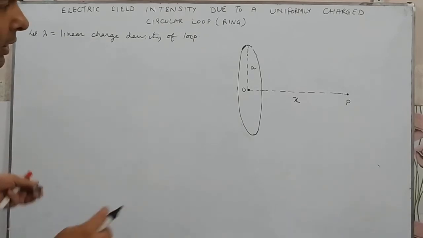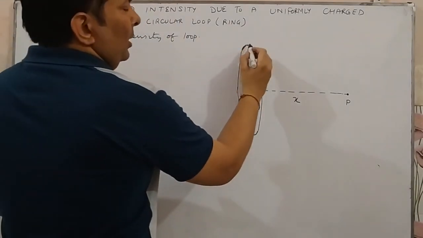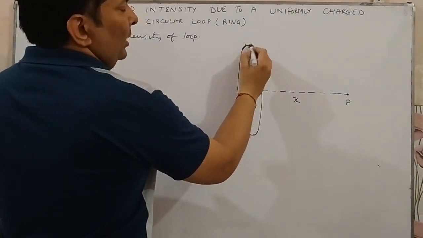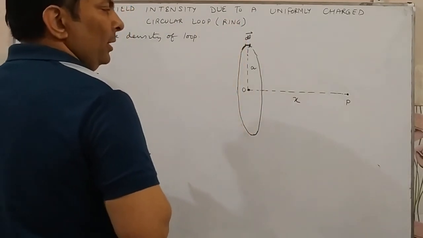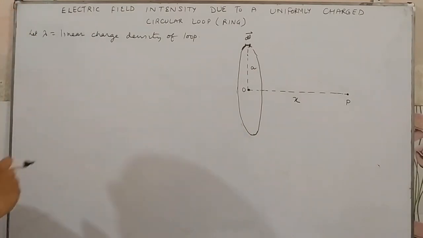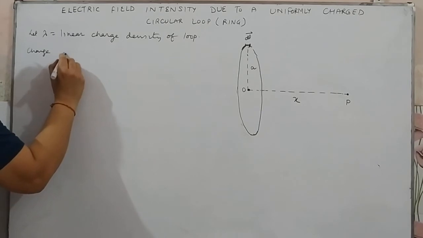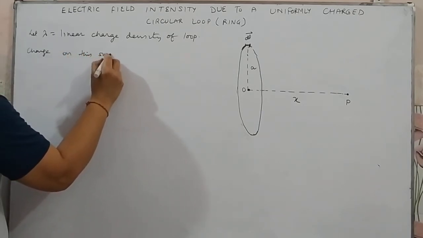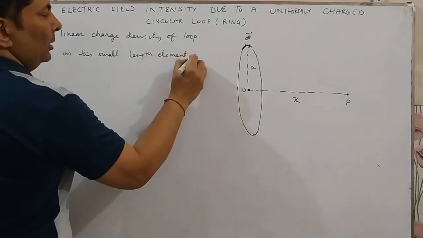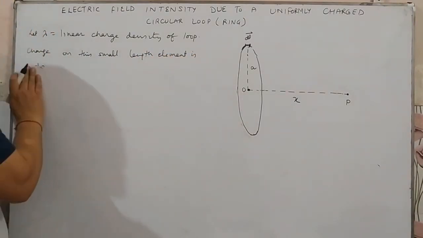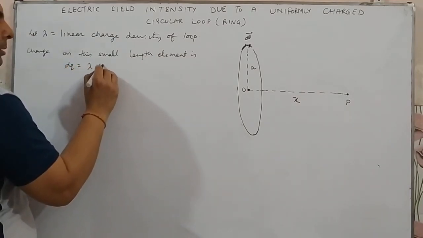Okay. Now, first of all, we have to consider here a small length element. So this length element is dl. The charge carried by this length element, the charge on this small length element is dq equals lambda dl.